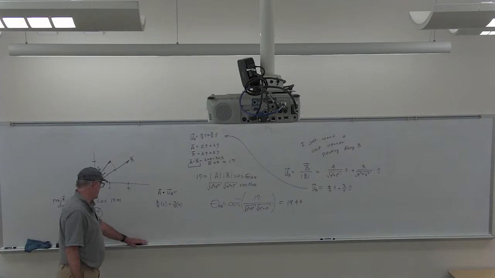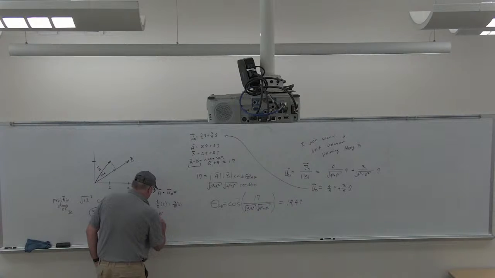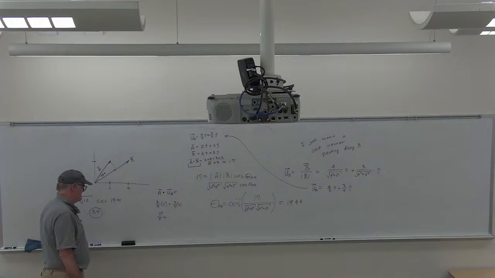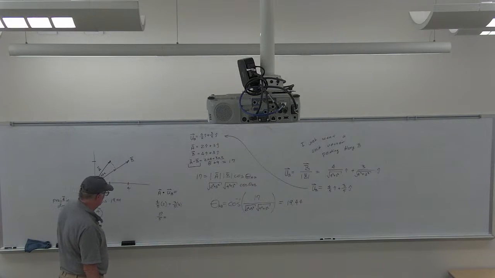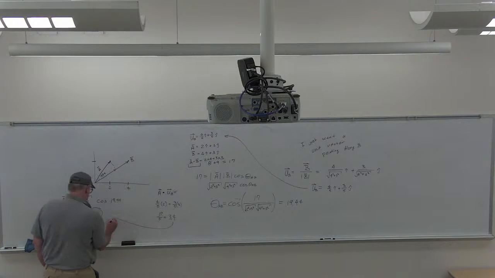It's 8 plus 9 fifths, so 17/5. Okay, so what is that? I can't divide. What is that? 3.4. 3.4? Holy crap, that's what that is.